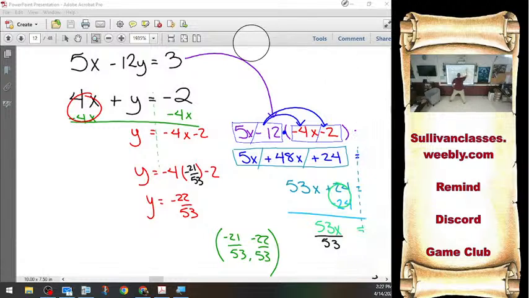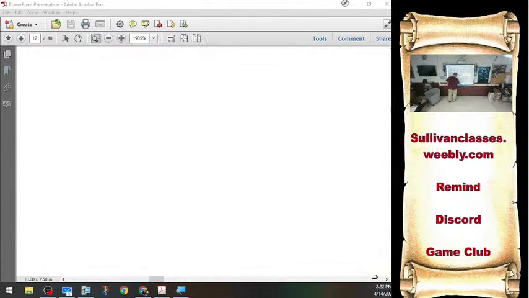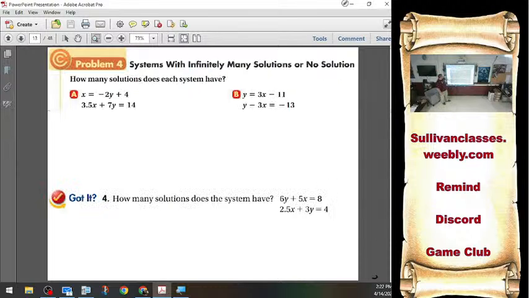So, that process. What happens if I do that process and it goes awry? There was something that we ran across first semester where we did all the math right and we got waffles equals penguin. We got 5 equals 2. 0 equals negative 8. Do you remember what that was? No solution.